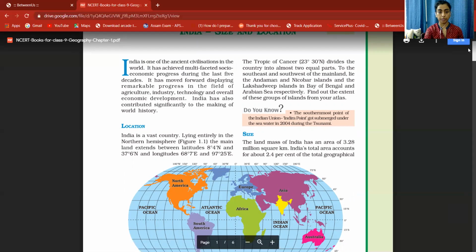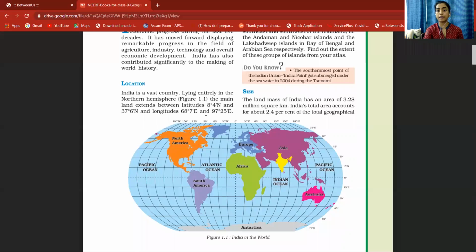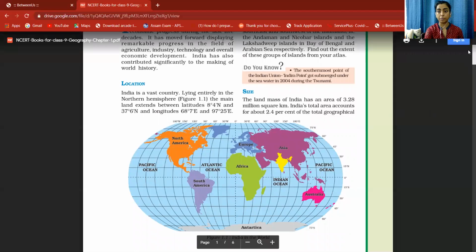So let's see the latitudinal and longitudinal extent. The latitudinal extent of India is 8 degree 4 minute north and 37 degree 6 minute north, and longitude is 68 degree 7 minute east and 97 degree 25 minute east.